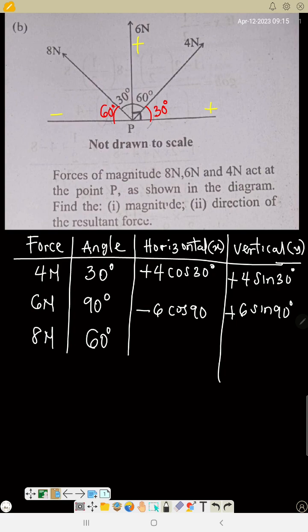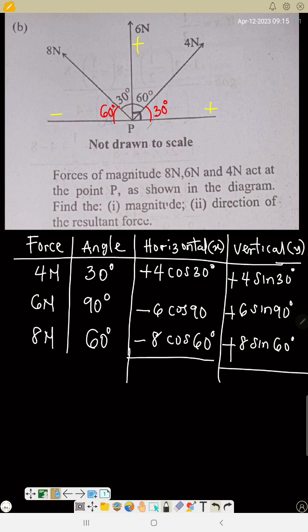Anyway, for 8 Newton, go this way, minus horizontal, that is minus 8 cos 60, then vertical backward, plus 8 sine 60 degree. So now add everything together.